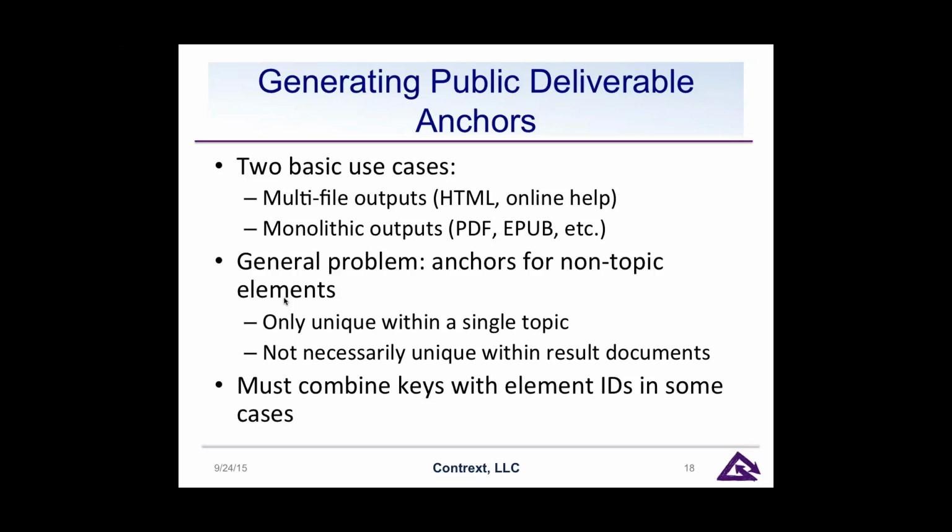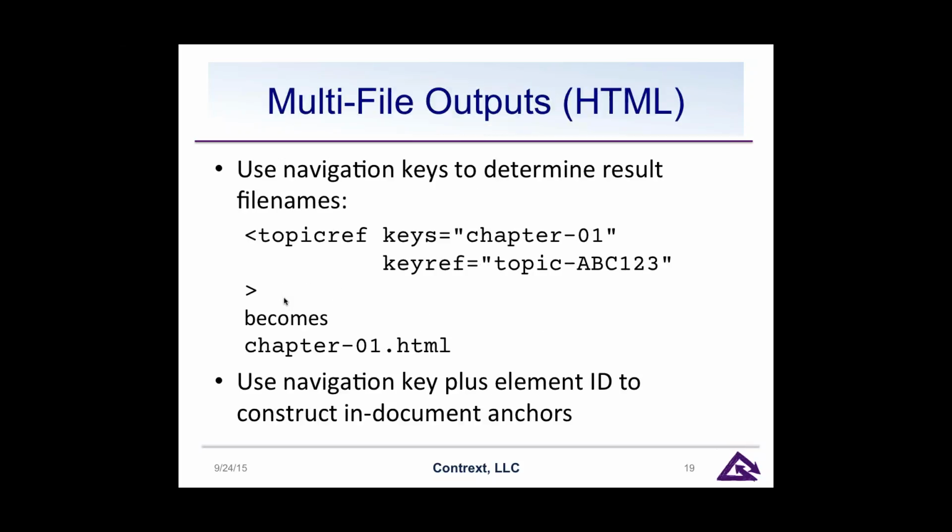Well, when I bring all those topics together in a single HTML file, the IDs for the elements within those topics are no longer necessarily going to be unique within that single HTML file, and they need to be in order for ID-based addressing to work in HTML. So I have to do something to combine my keys with element IDs to create some sort of reliably unique ID in my output files. So you need to be aware of that aspect as well.